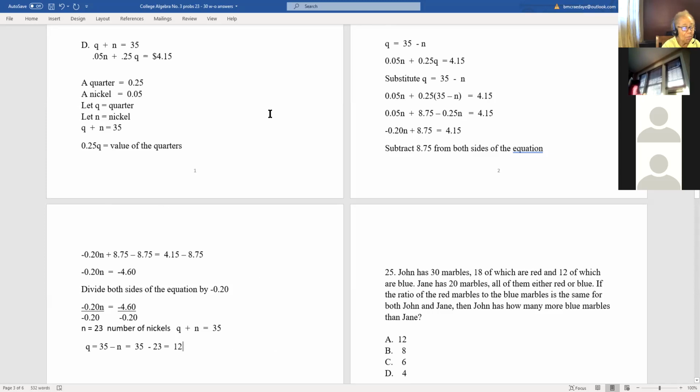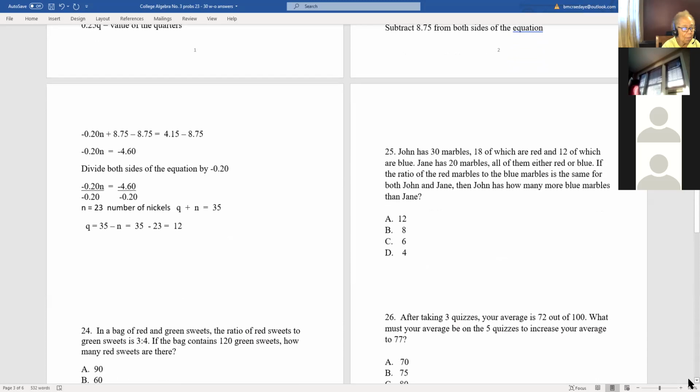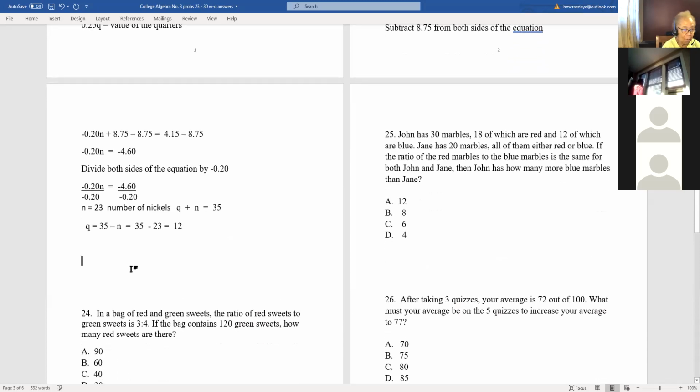But our original question was, which of the setups could we use to find it? So we came up with our setup. We just took it a step further and said, well, let's find how many quarters and how many nickels. Questions? No. All right, let's go to 24.